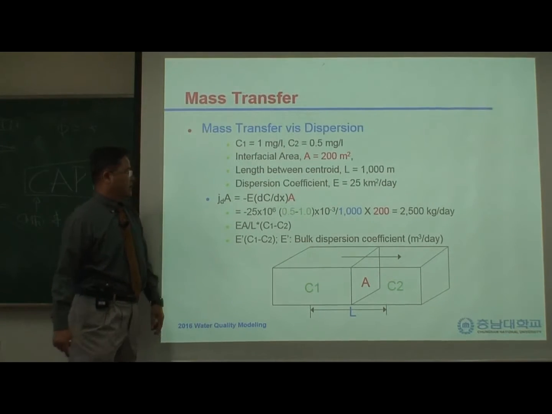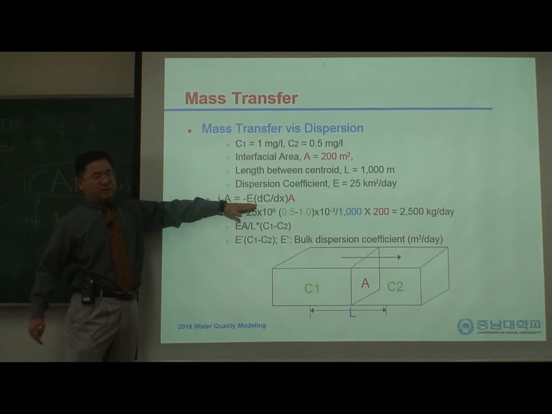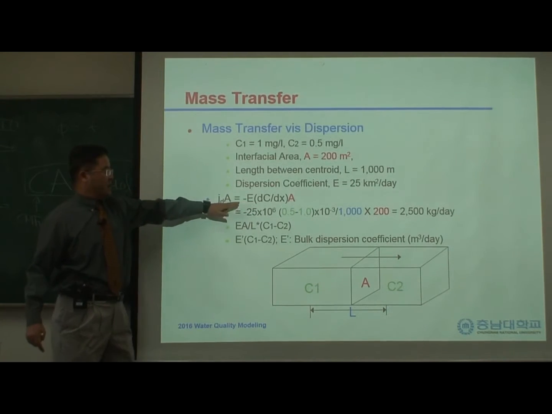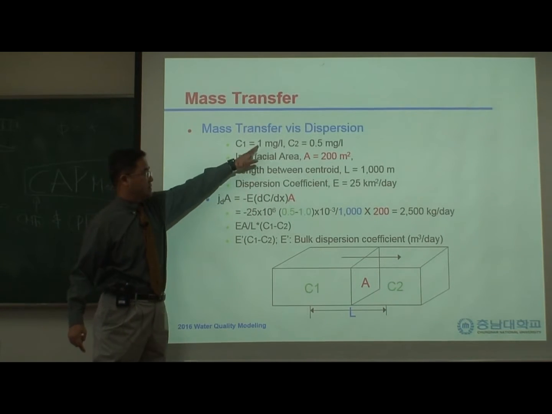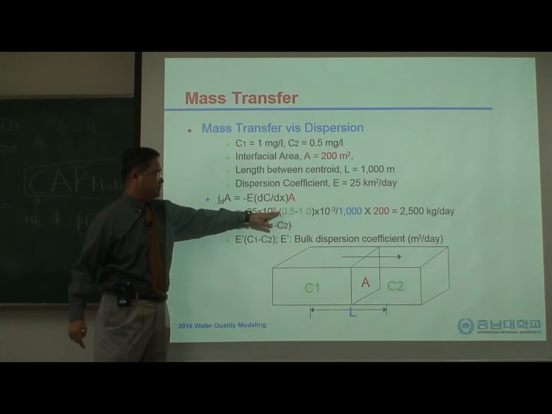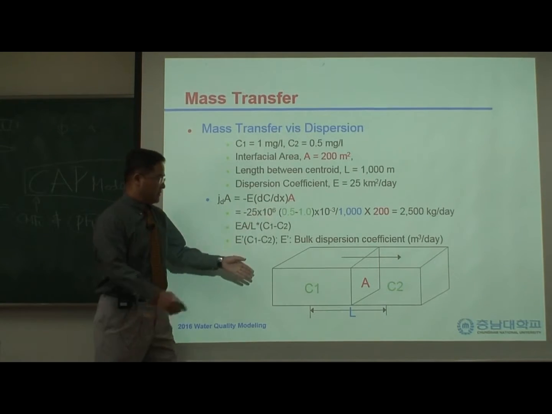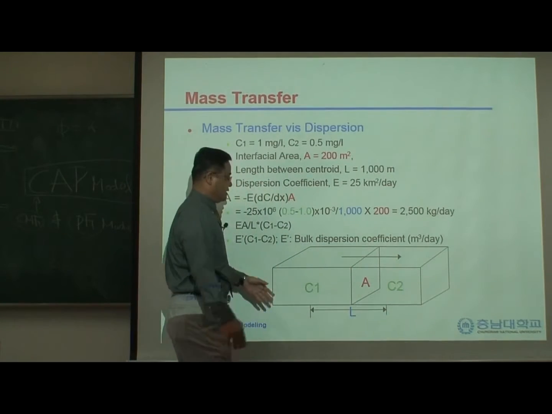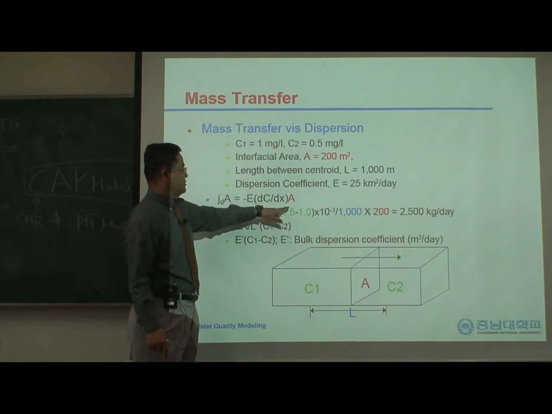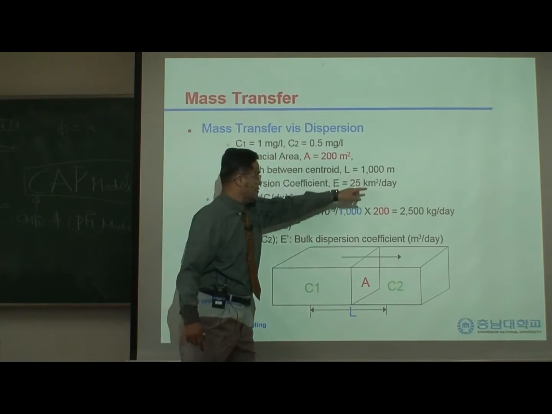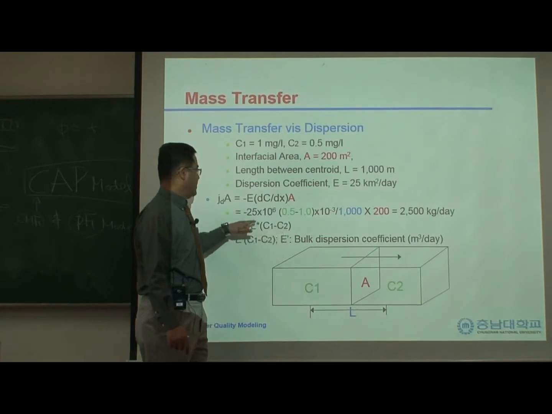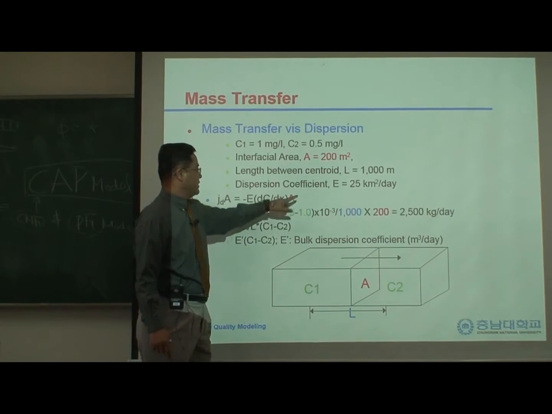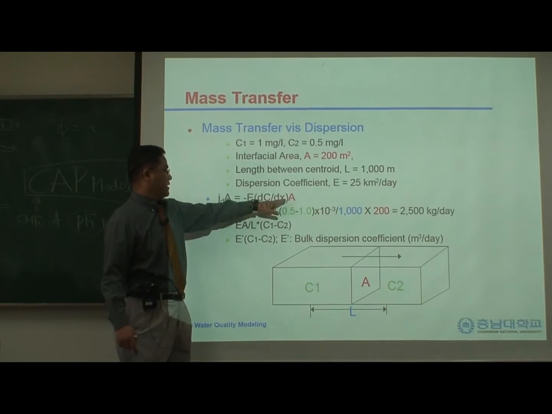We define the flux due to dispersion like this, where dc is delta c, the difference of those two, and dx is the difference between the two centroids.